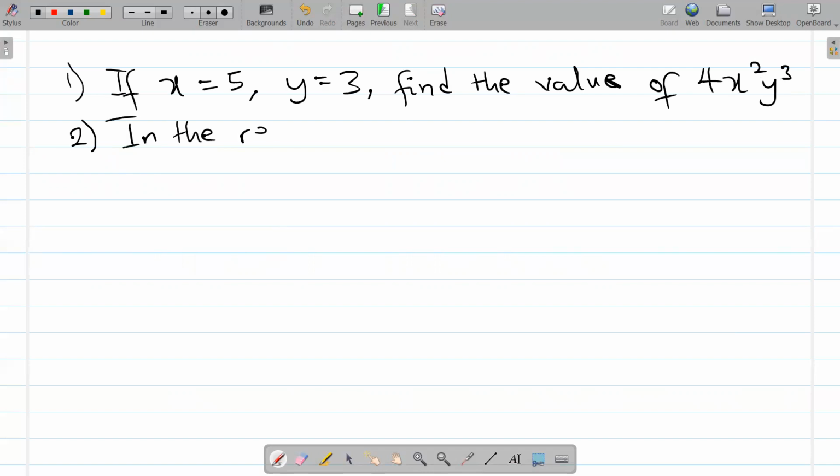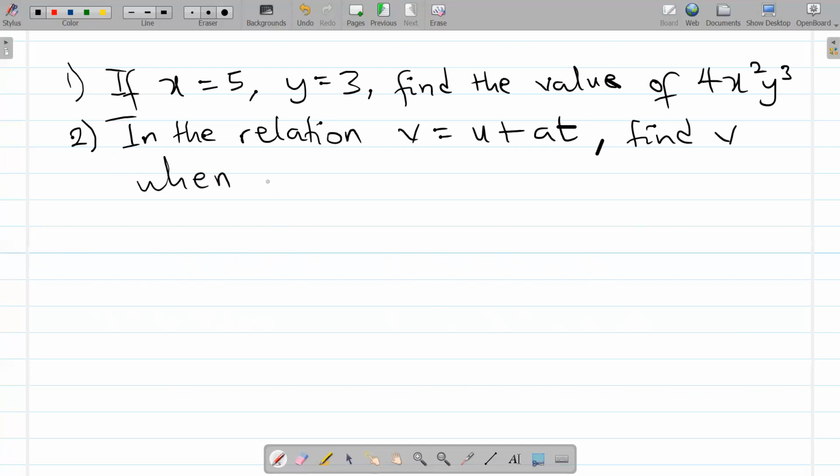In the relation v is equal to u plus at, find v when u is equal to 6, a is equal to 10, and t is equal to 2.